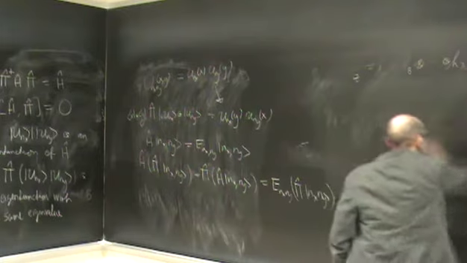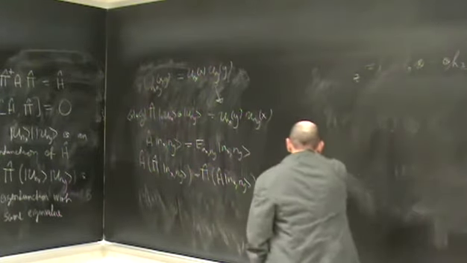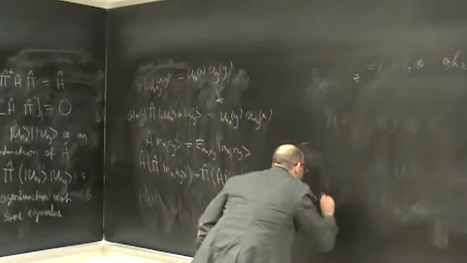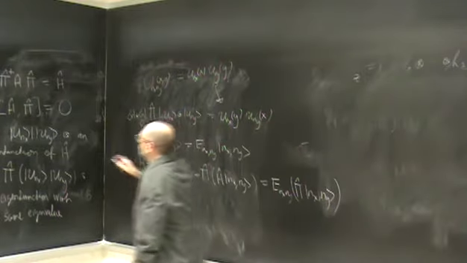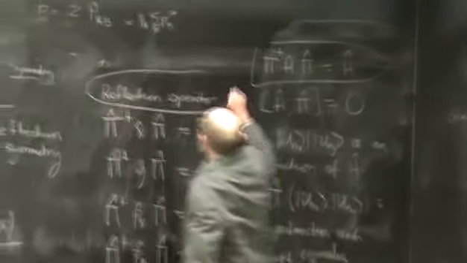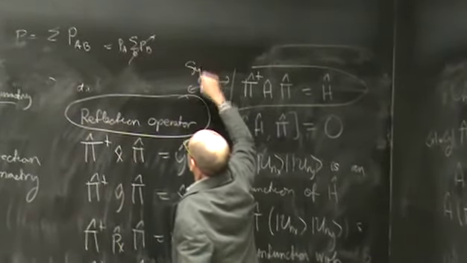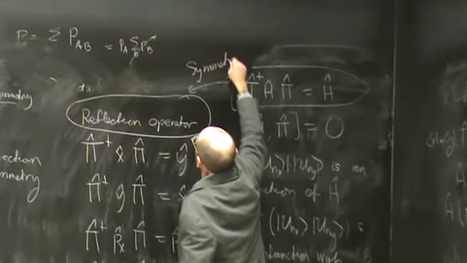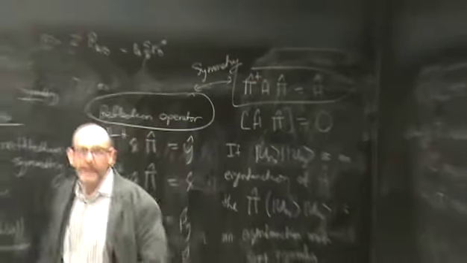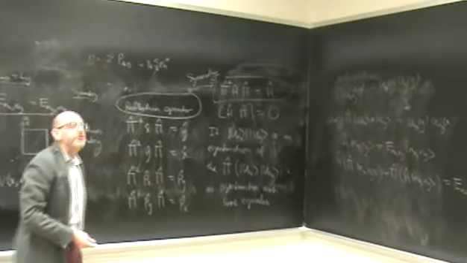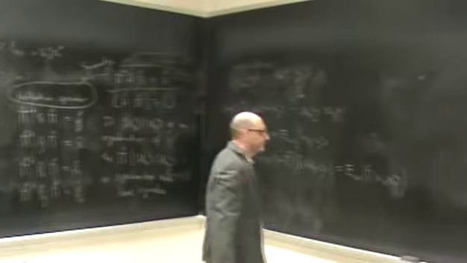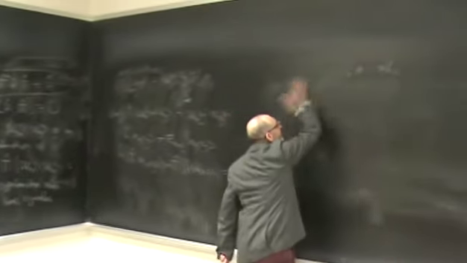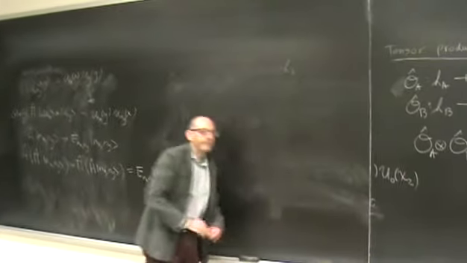So, this is an important lesson. The point is that if we have a symmetry, in this case we had reflection symmetry, if there is a symmetry of the Hamiltonian, then there will be degeneracies. Symmetry and degeneracy are interrelated to one another.